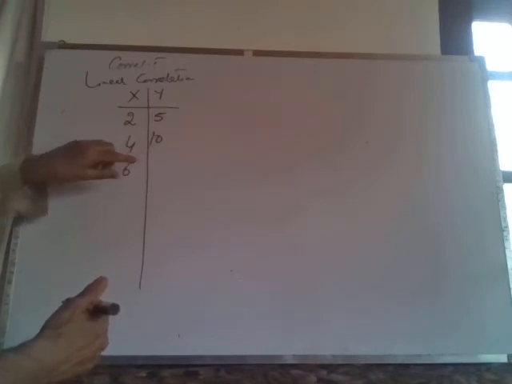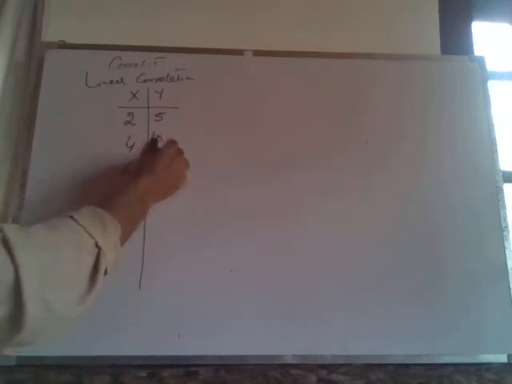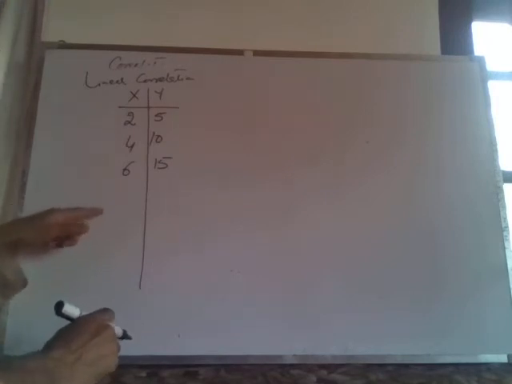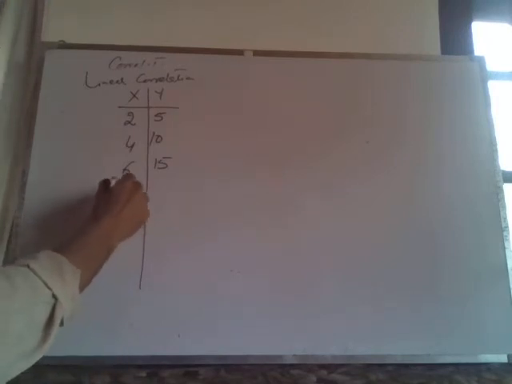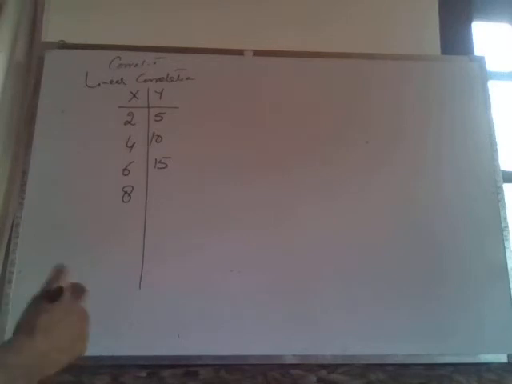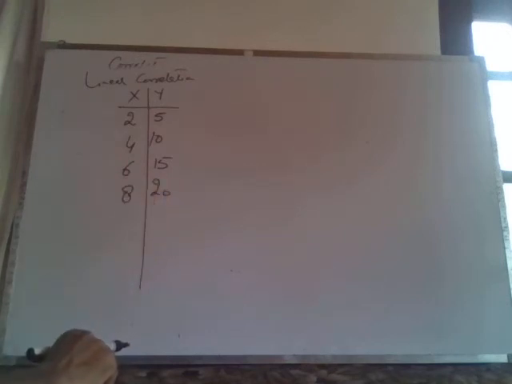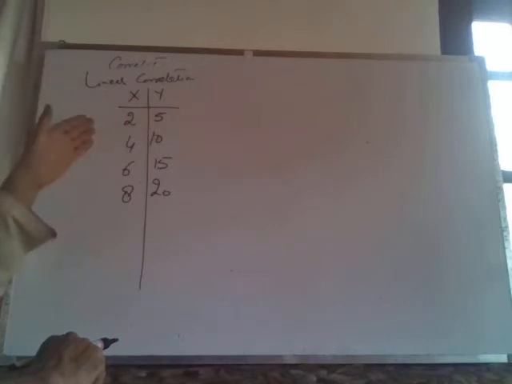Here, this also changes by 50%. If this changes from 6 to 8, it is 33%, and this is 20, it is 33%. So the amount X changes, Y changes by the same amount, by the same percentage.